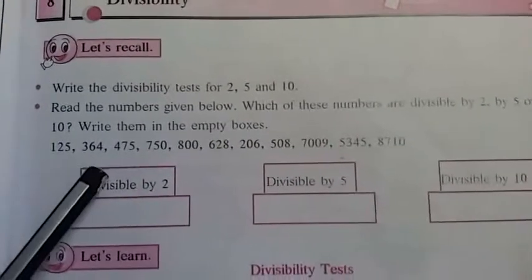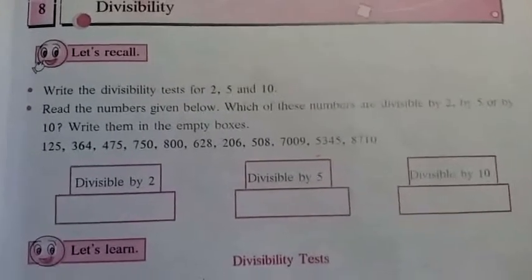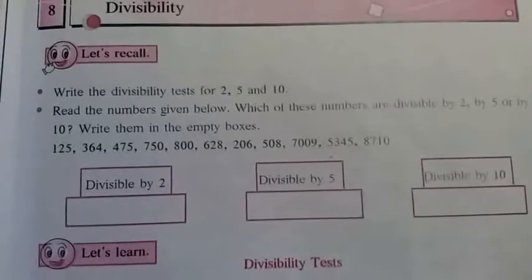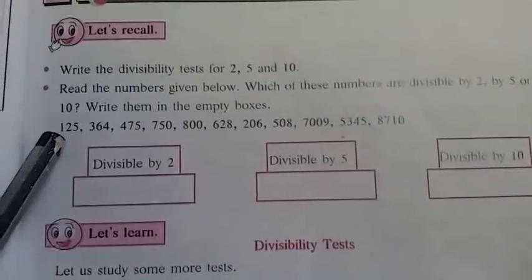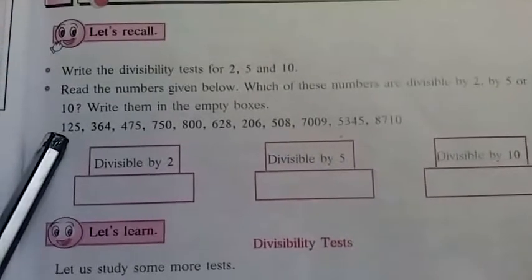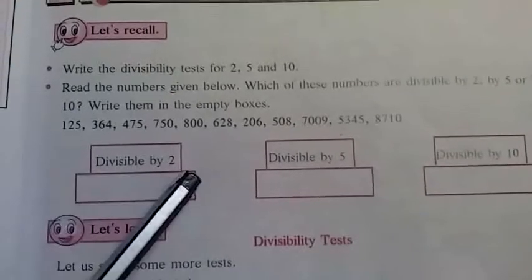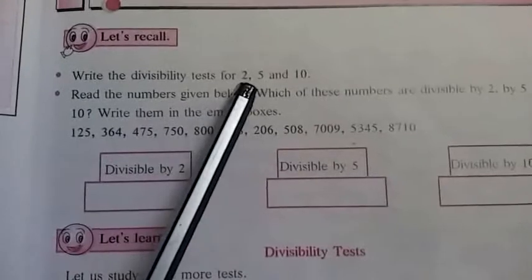Now see, here some numbers are given. Which of these numbers are divisible by 2, by 5 or by 10? Write them in the empty boxes. For finding this, we will use the divisibility test. First, divisible by 2. Now see, 125. What is the test of divisibility for 2?